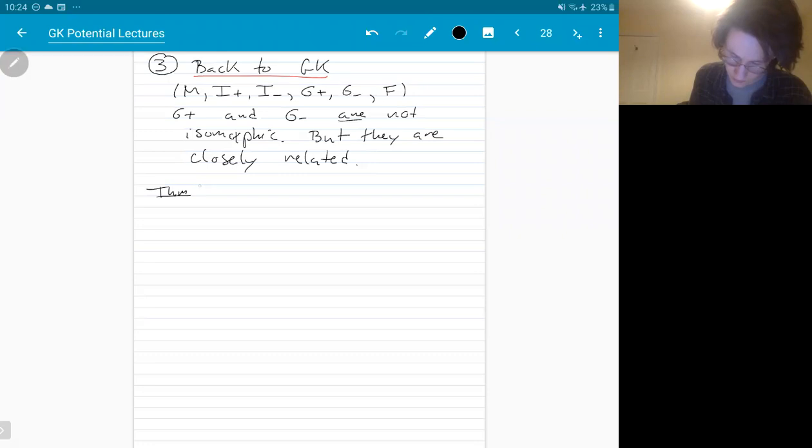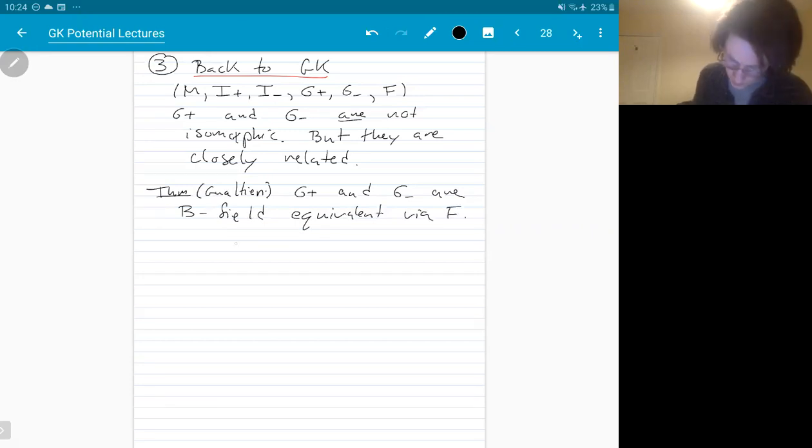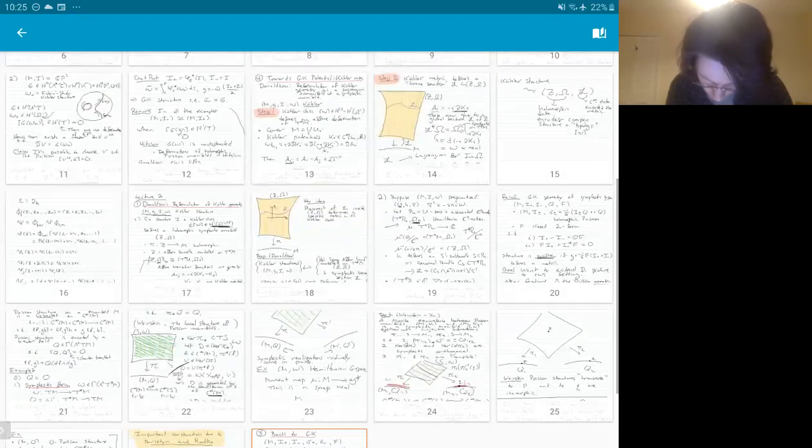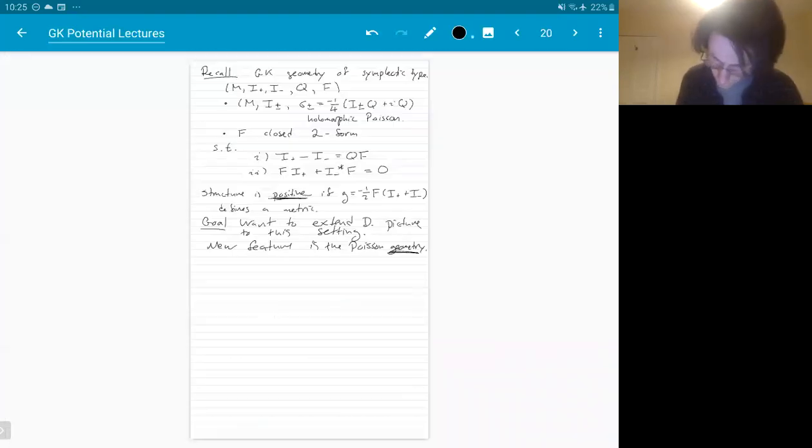It's actually implicit in the definition of the setup, which is that sigma plus and sigma minus are B field equivalent via F. In other words, sigma plus is equal to the B field transformation of sigma minus with F. If we go back to the defining equations, these ones here, these are the equations that tell you that sigma plus and sigma minus are related by a B field transformation given by F. That's exactly what this equation is saying.